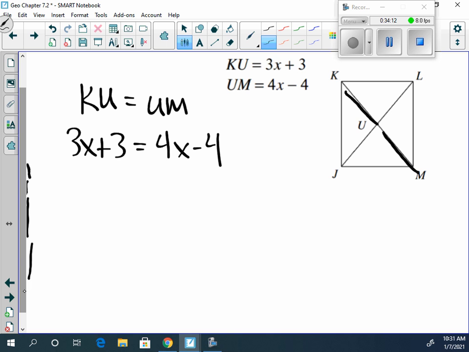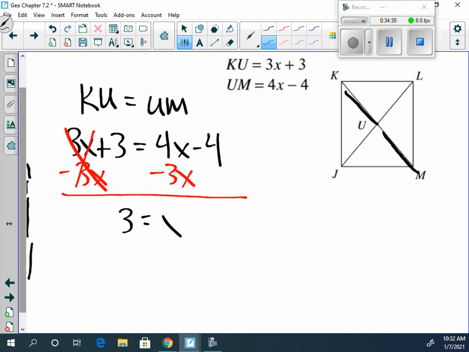If I want to find the value of x, I need to get x on the same side of the equal sign. I'm going to subtract 3x. There's nothing wrong with subtracting 4x from both sides, but I try to keep the value of x positive if at all possible. 3x minus 3x will simplify, leaving me with 3 is equal to, well, 4x minus 3x would be x minus 4.